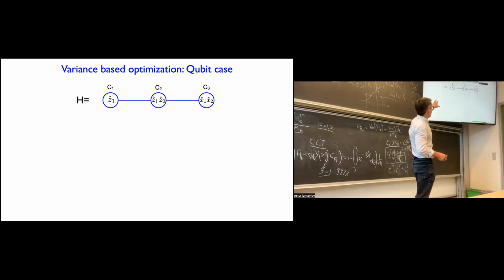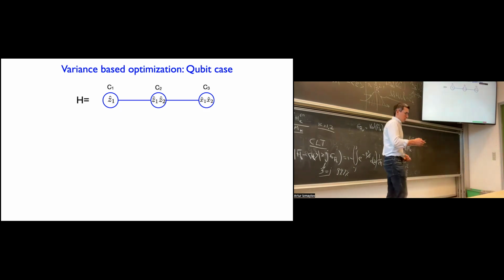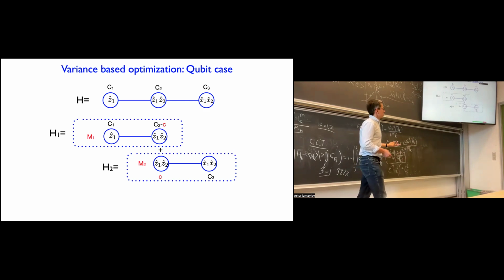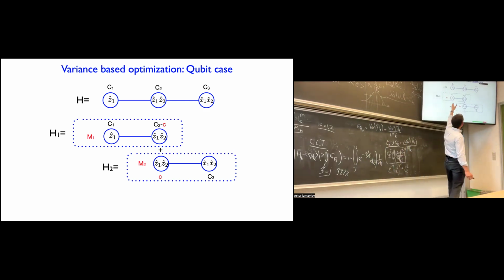So let's imagine we have a Hamiltonian that contains only three Pauli products, and they commute according to this line. So Z1 commutes with Z1 Z2, and Z1 Z2 commutes with X1 X2. The coefficients are on top, right? And what we can do, we could form two fragments. One is this, and another is this.